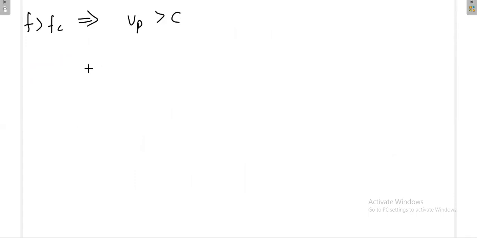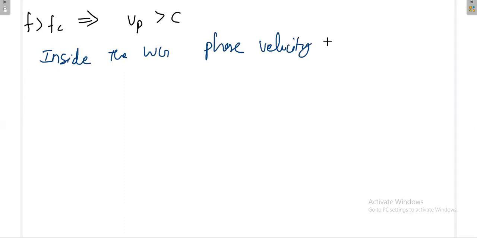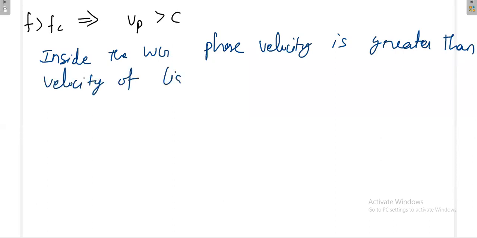So inside the waveguide, phase velocity is greater than the velocity of light in free space. Okay, this is the idea for phase velocity.